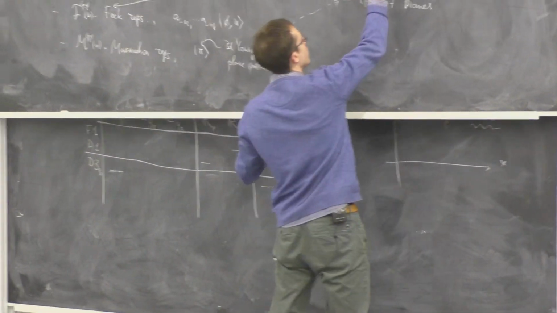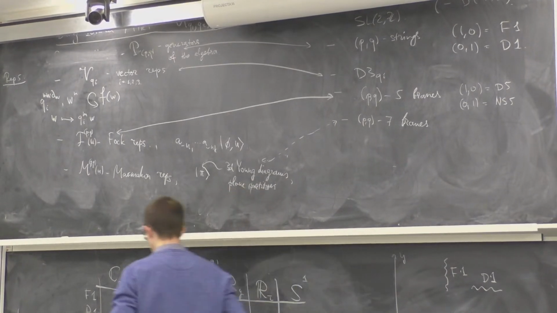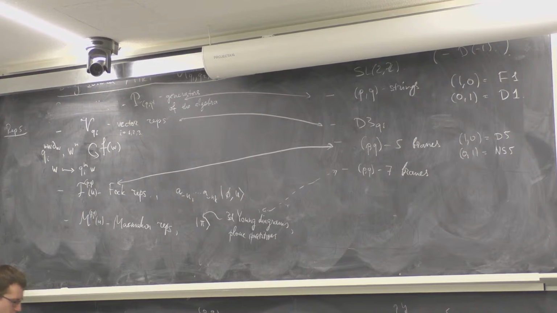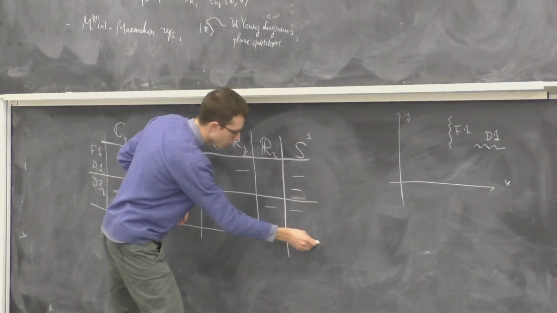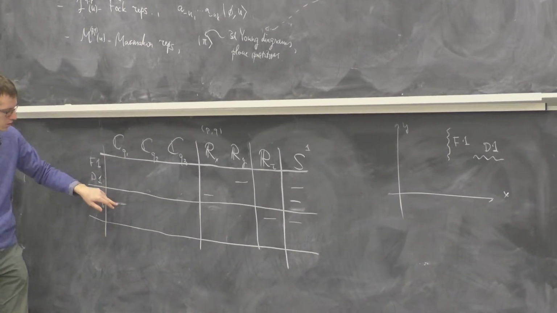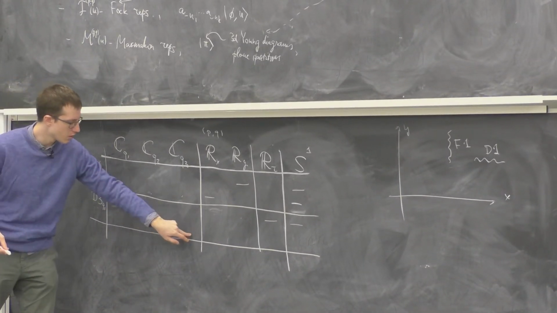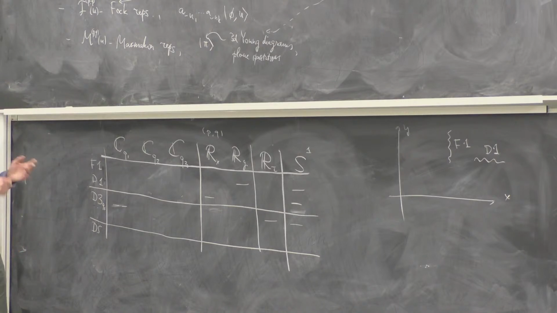So I will have different types of D3s. So this is D3 Q1, and since my time is limited, I'm not going to draw the others. It's obvious that there is another which spans this plane and that plane. Then there are, of course, D5s and then NS5s, and all their PQ bound states.